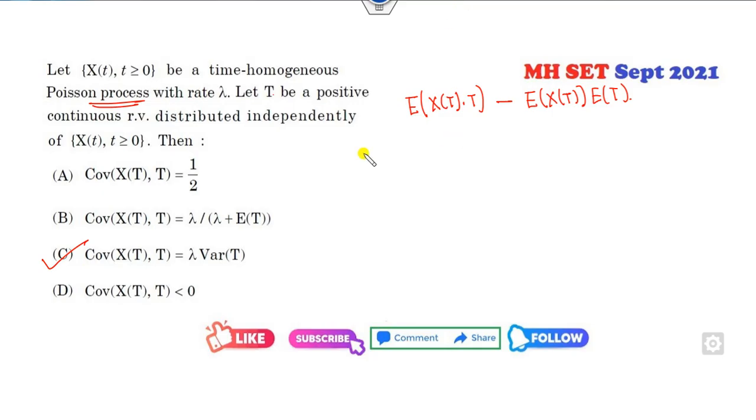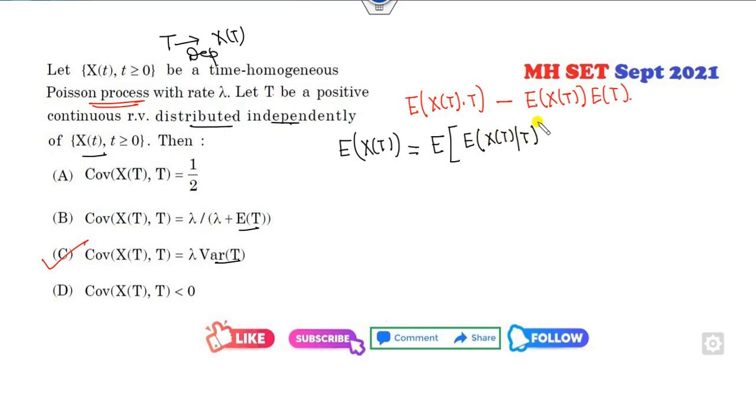Now let me calculate one by one. I can first calculate the expectation of X(t), because I need the answer all in terms of t. T is a positive continuous random variable which is independent of the Poisson process. That means X(t) depends on t, so the conditional probability will work.